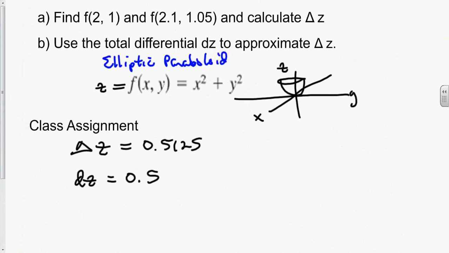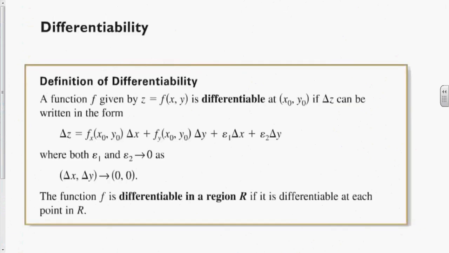Okay. Well, good. Two more things here. Differentiability, as we want to investigate the analysis in the mathematics. We define a function that is said to be differentiable. We say that a function f, z equal to f of x, y, is differentiable at some point x naught, y naught, if we can write the increment delta z in this form.